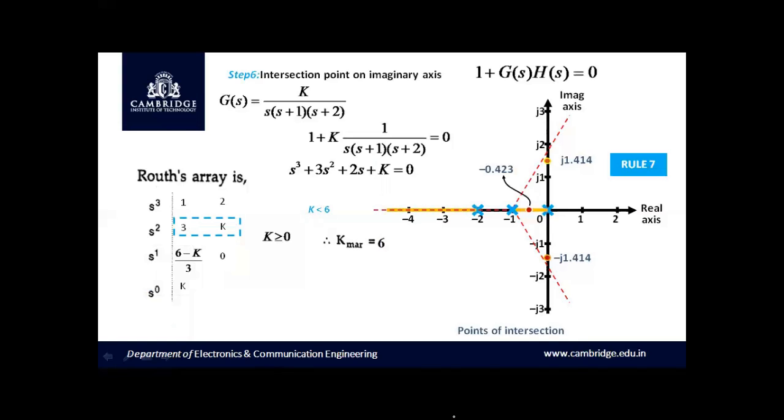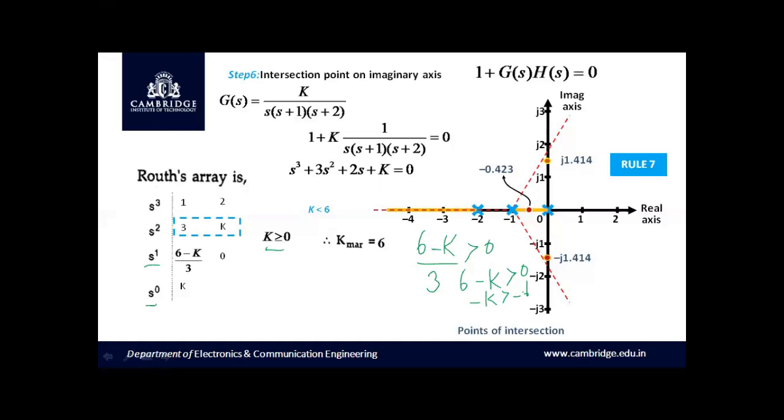Now let us find the value of K. For the row s to the power 0, K is greater than or equal to 0. And for the row s to the power of 1, we have 6 minus K divided by 3 greater than 0. Hence, 6 minus K greater than 0. Therefore, minus K greater than minus 6.